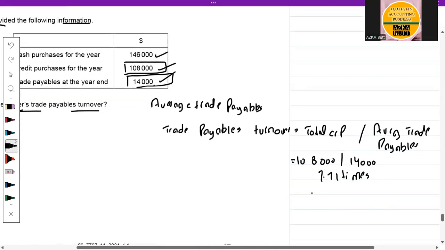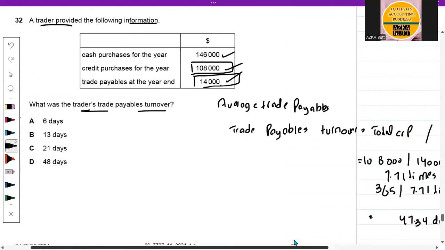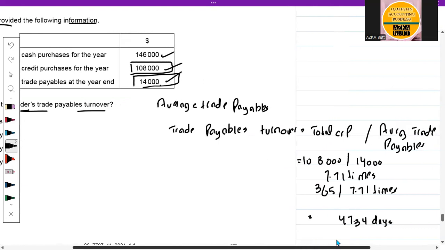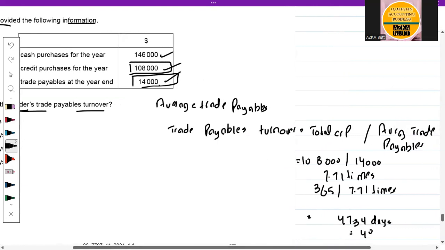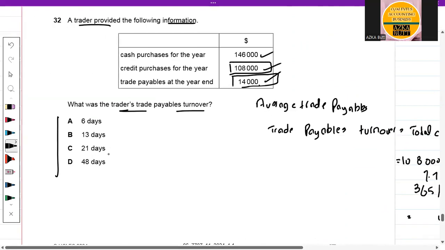That's why we have to divide 365 by 7.71 times, and you have the answer, which is 47.34 days, and approximately we can say that this is 48 days. Okay, so D option is the right option.